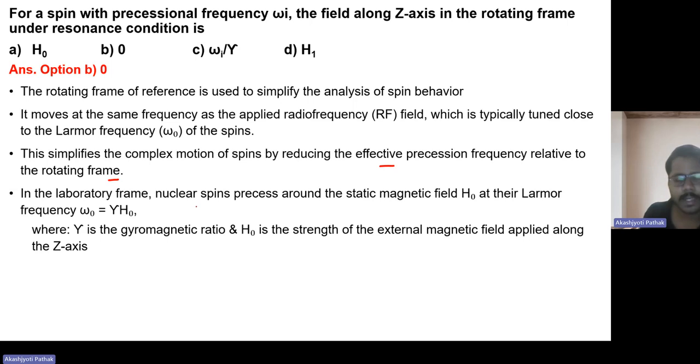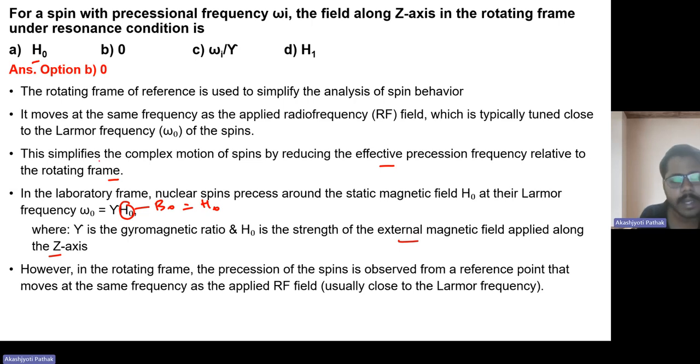Earlier in the class, H naught might also have been represented as V naught, but here because the options are with respect to H, V naught is equal to H naught. Gamma is the gyromagnetic ratio, and H naught is the strength of the external magnetic field applied along the z-axis.